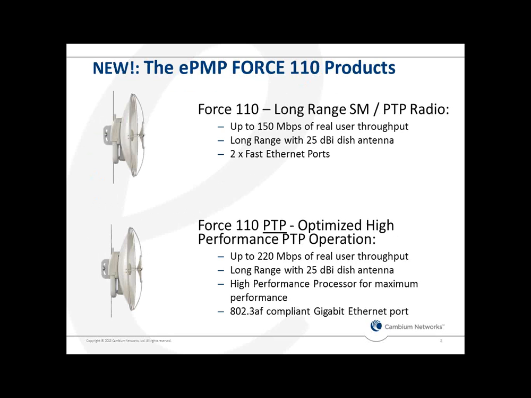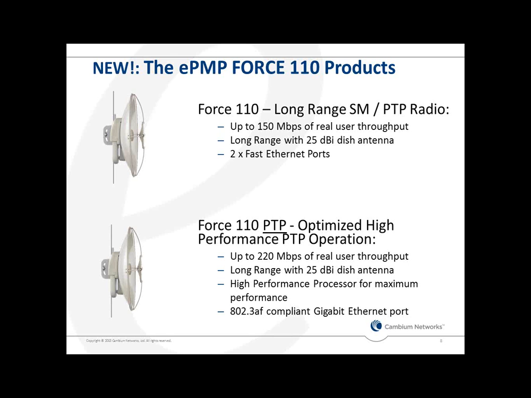So let's talk a little bit about the Force product. The Force product is a combination of ePMP connectorized radio with a high-gain 25 dBi dish antenna. And we sell these in 2 versions at very attractive prices where we bundle the radio and the dish together. The Force 110 utilizes what we call the unsynchronized connectorized radio with the dish antenna.